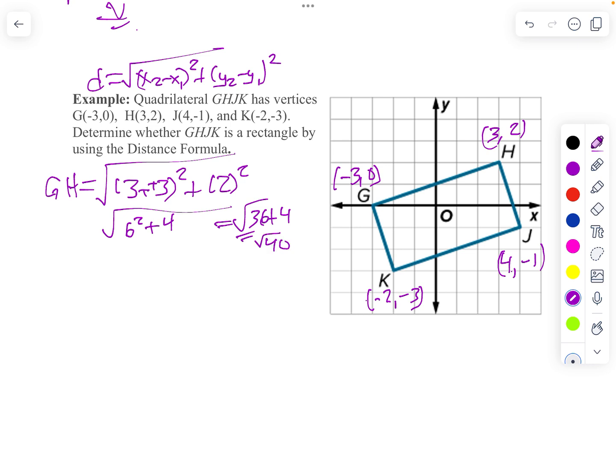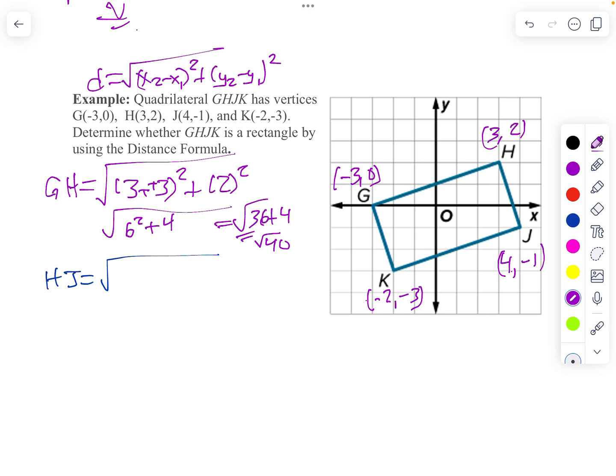Now let's find the distance from H to J. If it's okay, I'm going to do some of this mentally. If I make a mistake, we'll go back and show some more work. To find my distance, I subtract my x's, so it's 4 minus 3, which is 1.